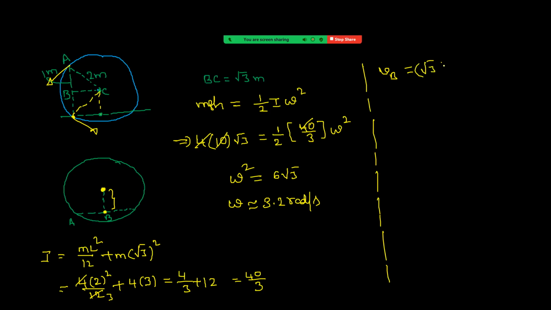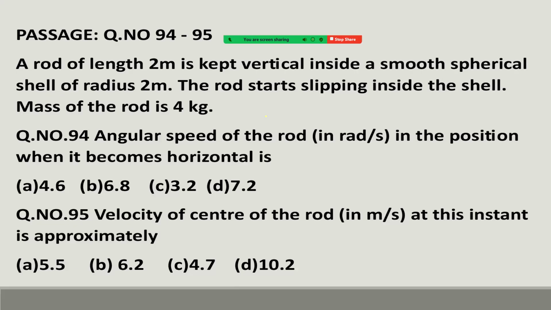So r omega, omega value 3.2, and this is approximately 5.5. Okay. So how we are applying the concept, that is what we have to focus on. It is in pure rotation about point C. Then we have taken conservation of mechanical energy. Okay. Let us see the next one.